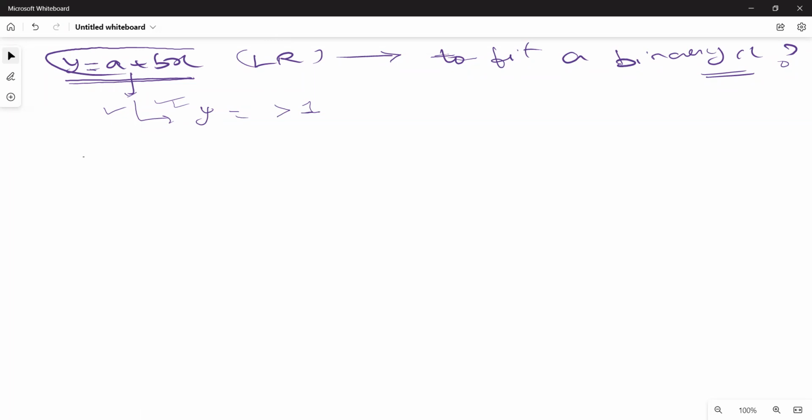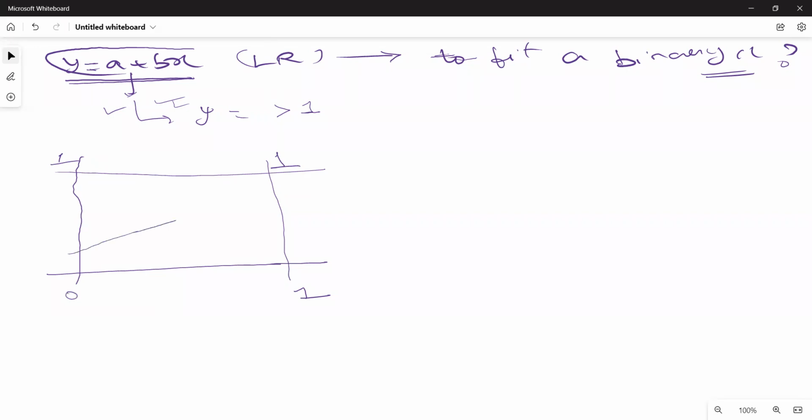Now, if I have to plot this particular output, I know that my classification is always going to be between 0 and 1 because it is a probability. So 0, 1. Now if I plot a best fit line, let us say this is my best fit line. The problem here is any value which is greater than 1.